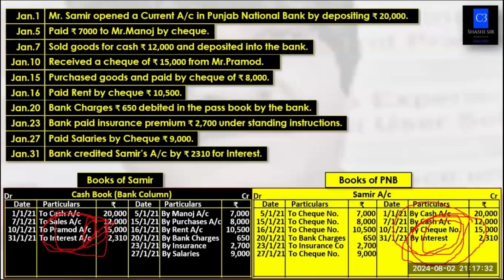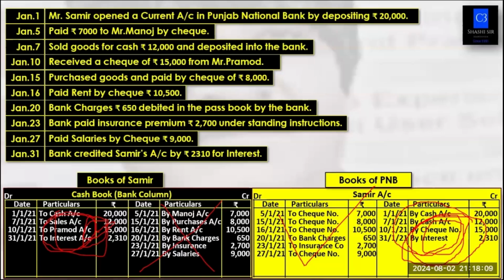And similarly, all the transactions that have been recorded on the credit side of cash book are appearing on the debit side of the passbook, debit side of the Samir account. This is an important observation, which must be kept in mind while preparing bank reconciliation statement.